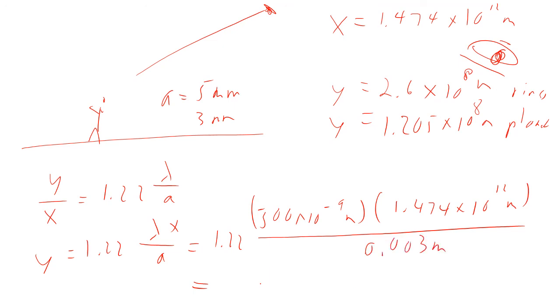And so this entire thing changes. You're still somewhat dark adapted, but not supremely dark adapted. Now this comes out to be 3 times 10 to the 8 meters. That's actually bigger than the rings themselves. So does that mean you don't see Saturn? No, of course you see Saturn. It just looks like a dot.